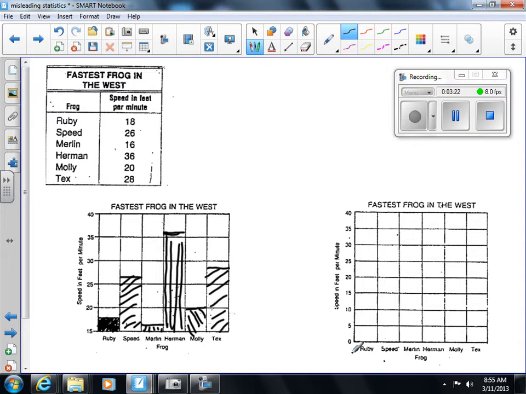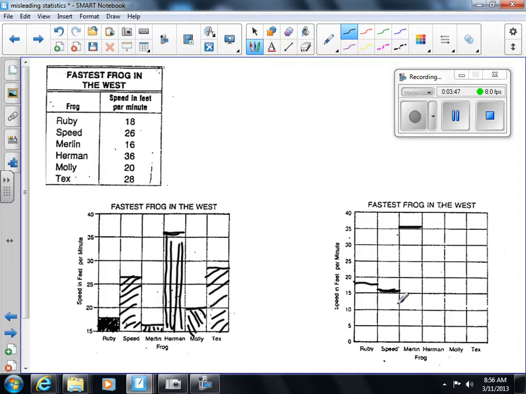Now, if we go over here, we're going to plot the same data. Ruby is 18. Merlin is 16. Herman is 36. I'm sorry, Merlin is 6. I'm off here. Ruby is 18.